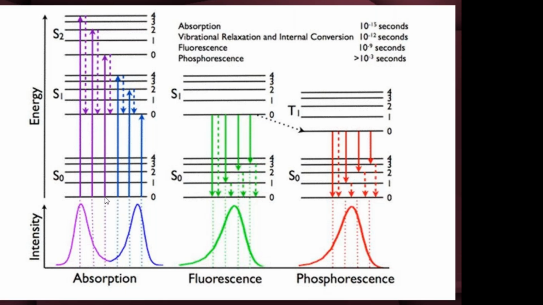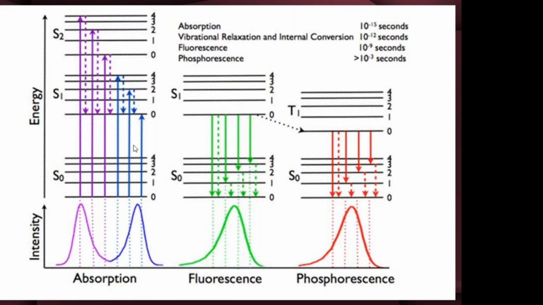If you have these wavelengths corresponding to, say, the violet color shown here, then you can get excitations to the S2. That means these wavelengths are much shorter than these wavelengths because the energy involved in the absorption is much greater. S2 minus S0 is a larger energy compared to S1 minus S0.